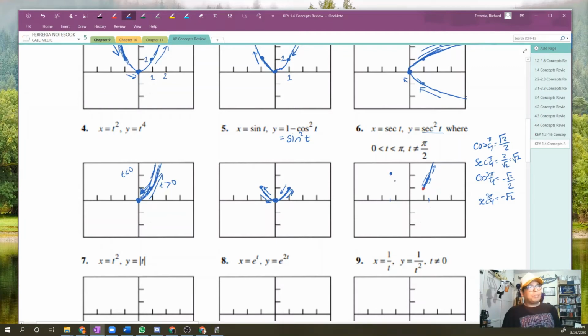And then as we get closer to pi, the x-coordinate is going to grow to negative infinity, no, positive infinity.